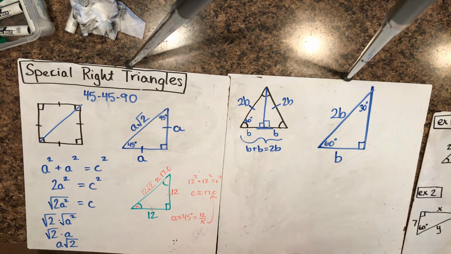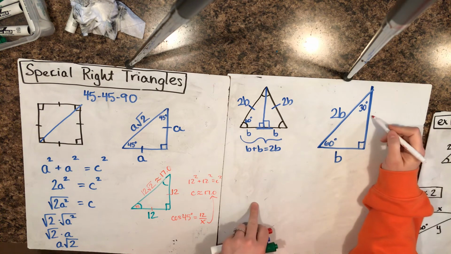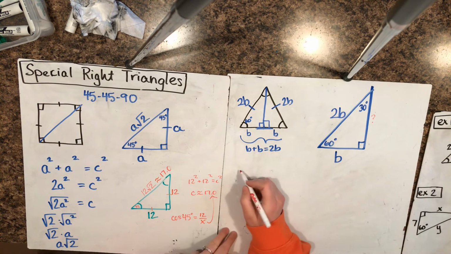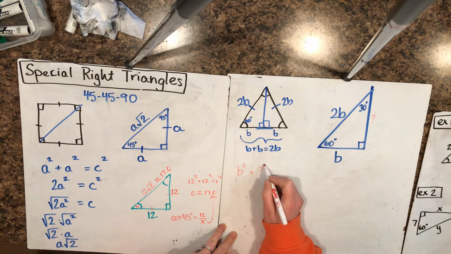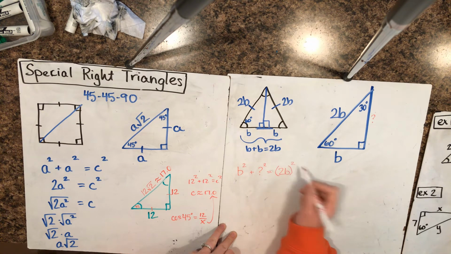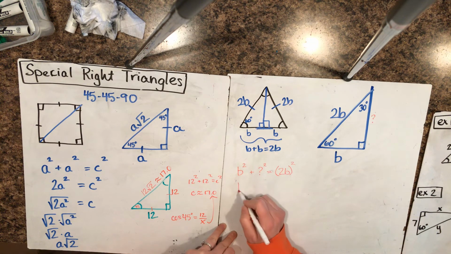So what am I going to do? I'm going to figure out what this side is. And again, we have a right triangle. So if I use Pythagorean theorem, it is b squared plus something squared is equal to 2b squared. Well, b squared, there's nothing to do there.